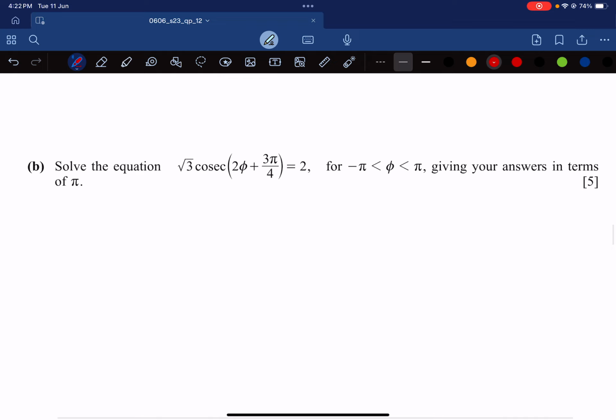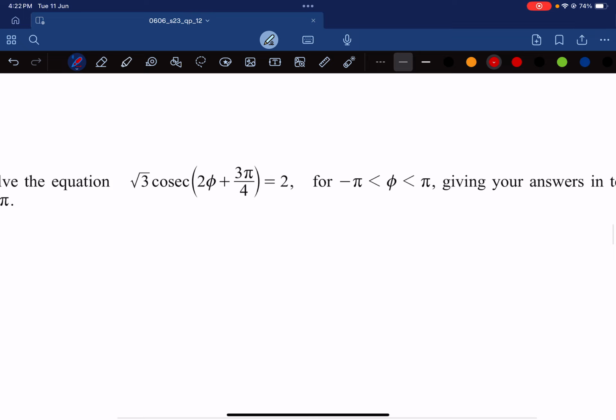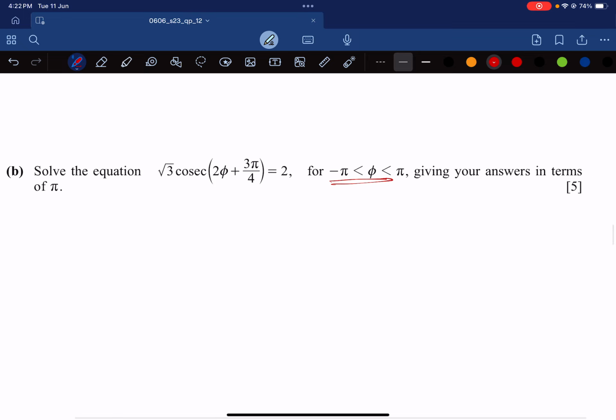Solve the equation: 3 cosecant of 2 phi plus 3 pi over 4 equals to 2 root 3. The domain of the phi must be given, otherwise we have infinitely many solutions, right? Because sine, cosine, tangent, all these trigonometric curves can be extended, and equals to 2 means that I'm drawing a horizontal line, y equals to 2.